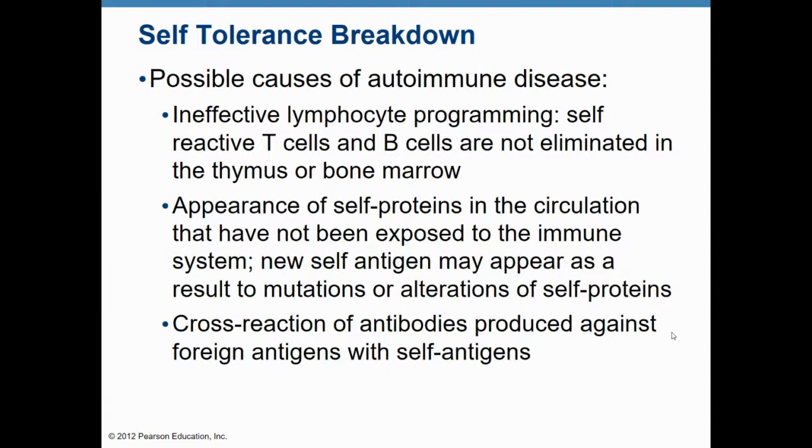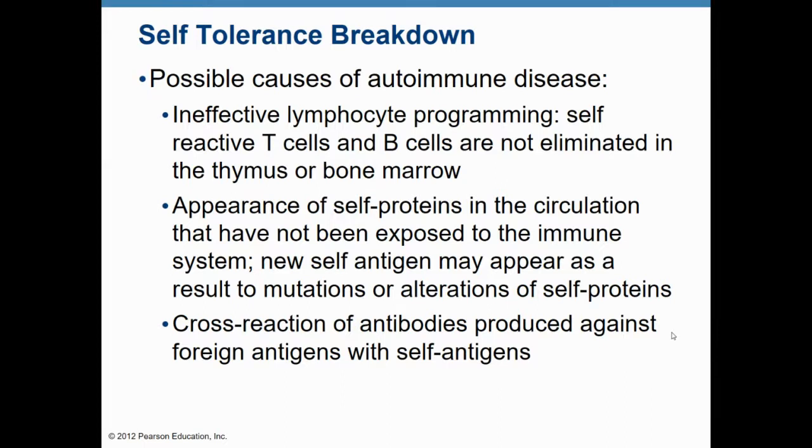So self-reactive T cells and B cells are not eliminated by the thymus and the bone marrow. Remember I said the thymus is going to eliminate about 98% of the T cells that go there to be educated. It's a very expensive process. Well, maybe some of those escape, right? Maybe they actually escape and get into circulation.